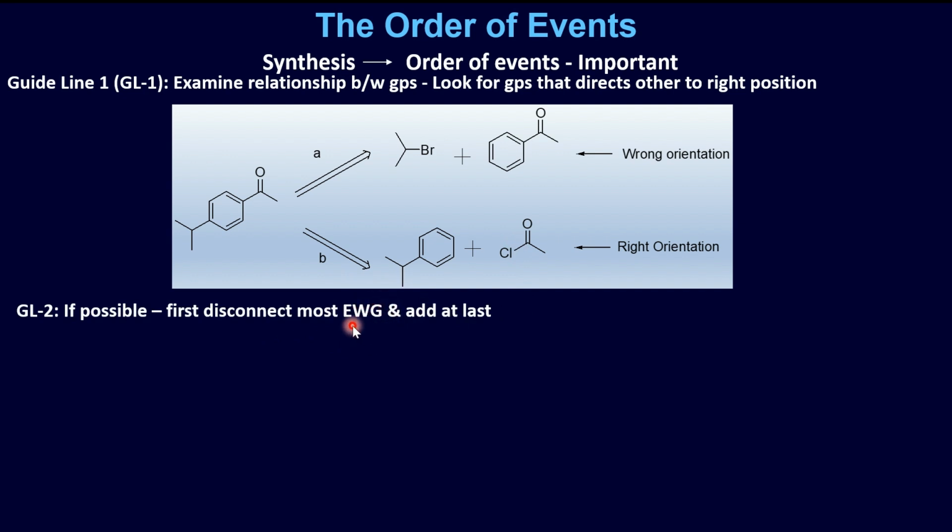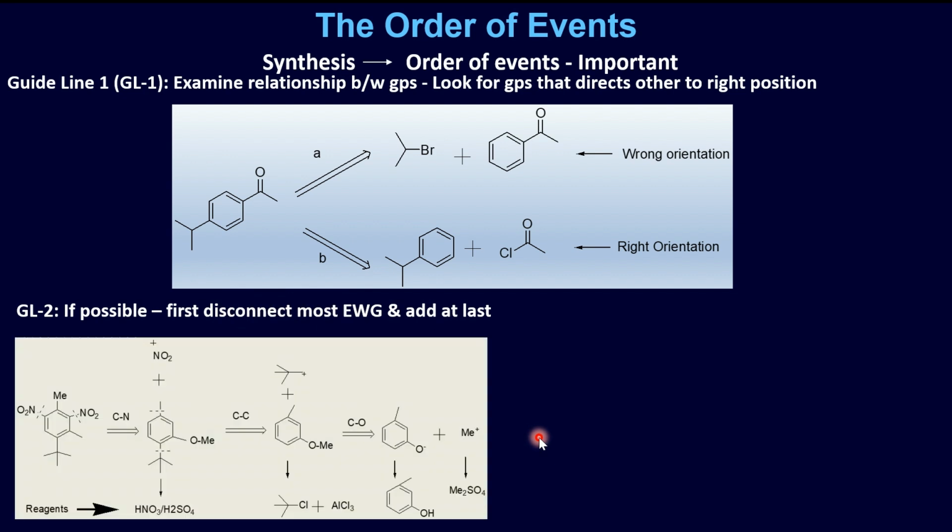Because an electron withdrawing group withdraws electrons and decreases the reactivity, and the reaction will be very difficult to conduct, or more stringent reaction conditions should be used. That's why first we disconnect the electron withdrawing group and then add it at the last so that the reaction will go very smoothly.